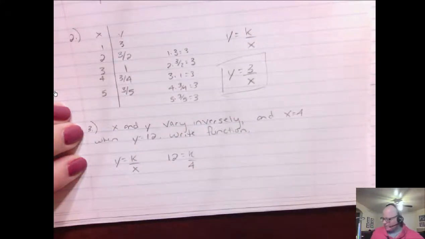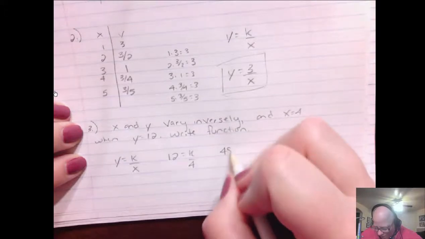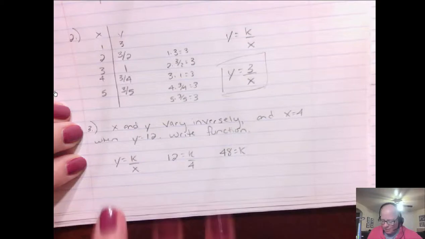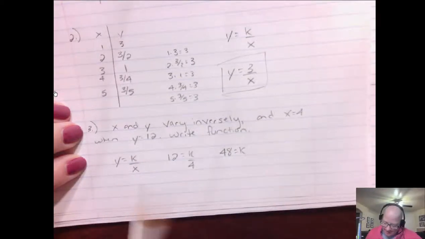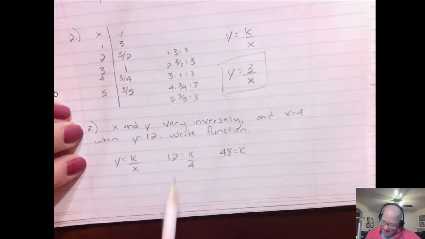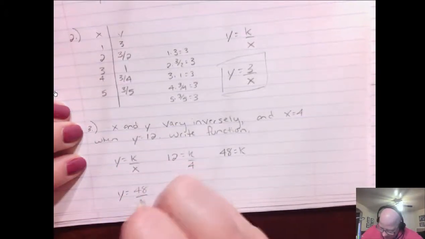And then we could see that if we times the 4 over to 12, that's going to give us 48, which is our k. So this is kind of our three-step process. You've come up with your formula, you use your example. It's the same as when I had the point x, y, I find my k, and then I rewrite my formula and I'm done. So y equals 48 divided by x.